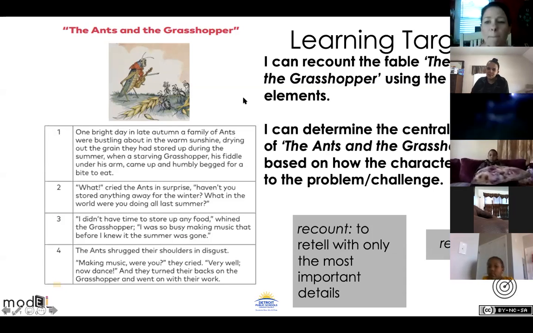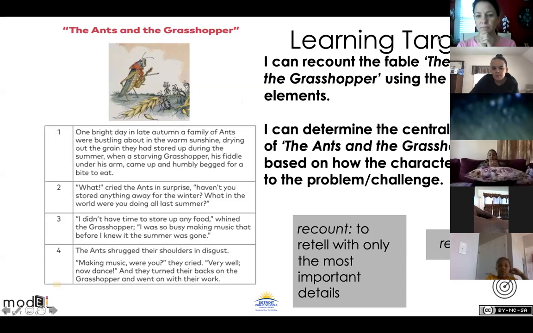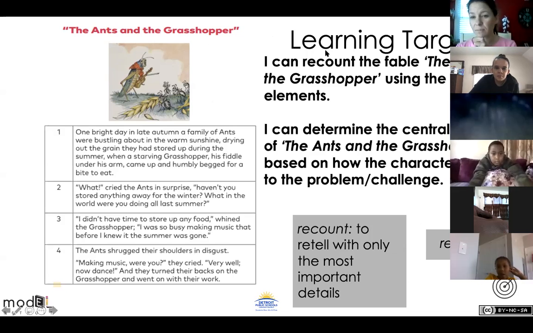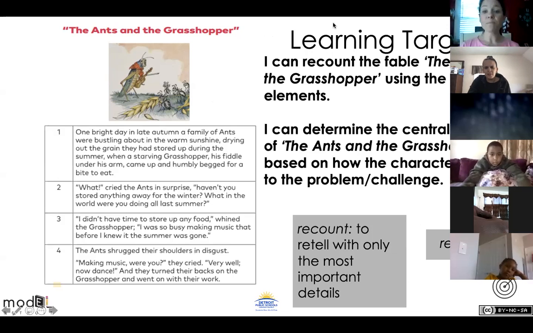A fiddle is this instrument right here. See it right there? That's a fiddle. What does the word bustling mean? When you hear the word bustling, it says the family of ants were bustling about in the warm sunshine. What do you think it means? Briella? Being loud.